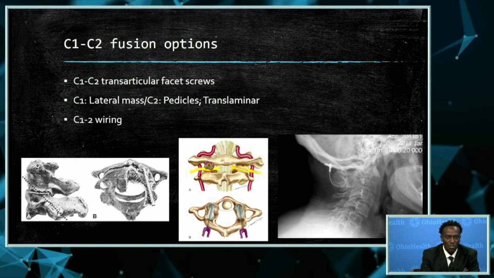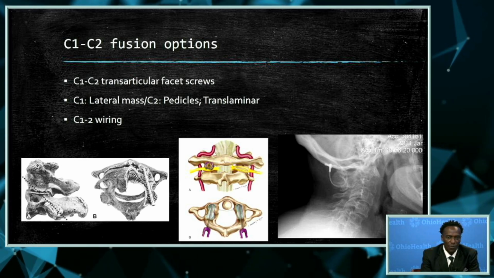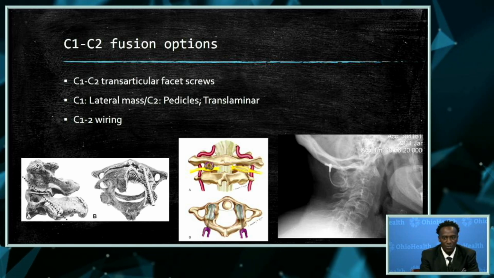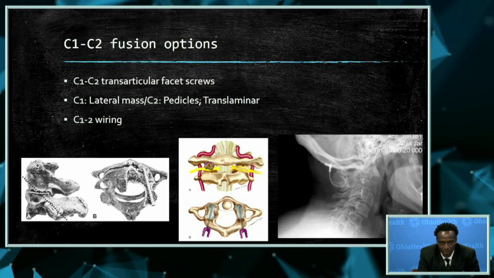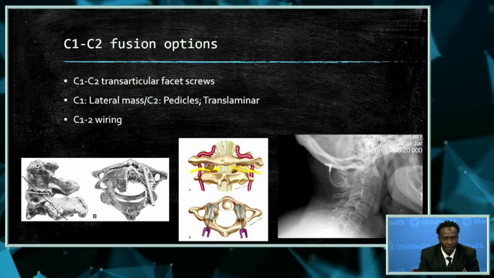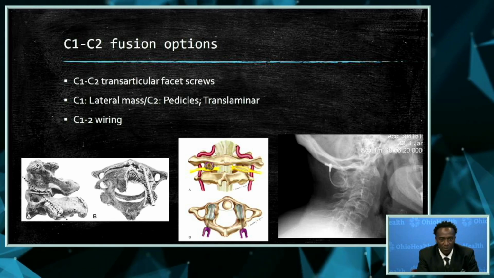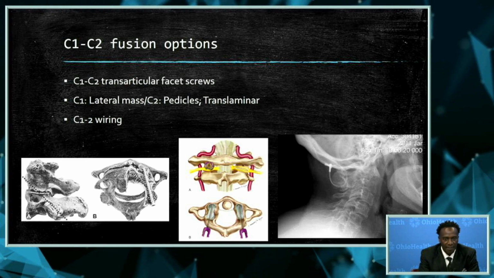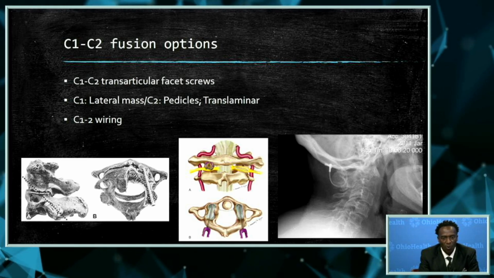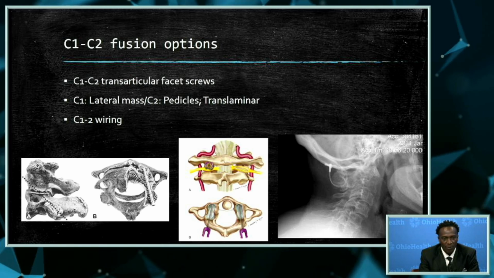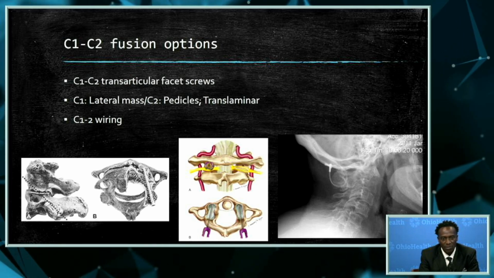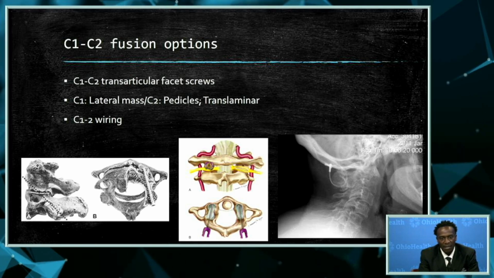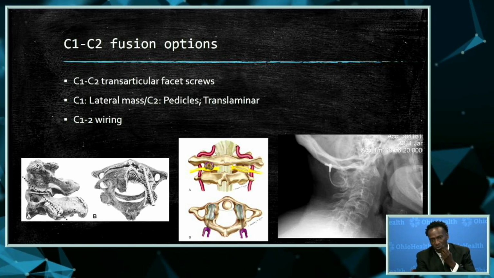What are the options for C1, C2 fusion? You can do the C1, C2 transarticular facet screws. I used to do these, but I've kind of shied away from them. Just your risk for a vascular injury is higher. Our workhorse really at Grant now is the Harms procedure, doing the C1 lateral mass and C2 pedicle screws.